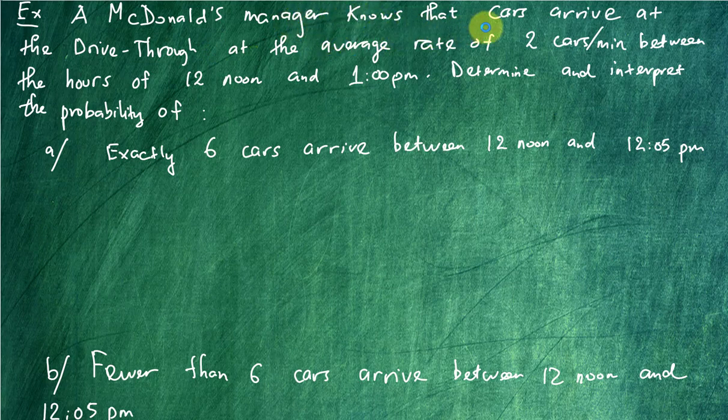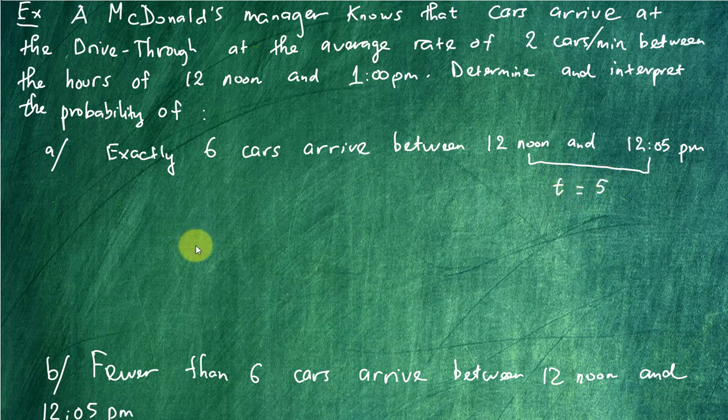So this manager knows that cars arrive at the drive-thru at the average rate of 2 cars per minute between the hours 12 noon and 1 p.m. Determine and interpret the probability of part A: exactly 6 cars arrive between 12 noon and 12:05 p.m. So we have the interval of 12 noon to 12:05. This gives you the fixed interval of 5 minutes, so the timing t should be 5.